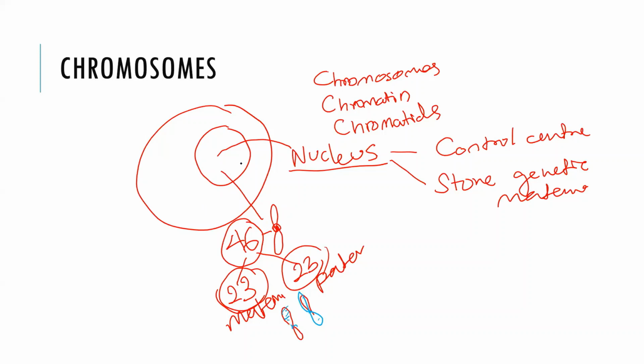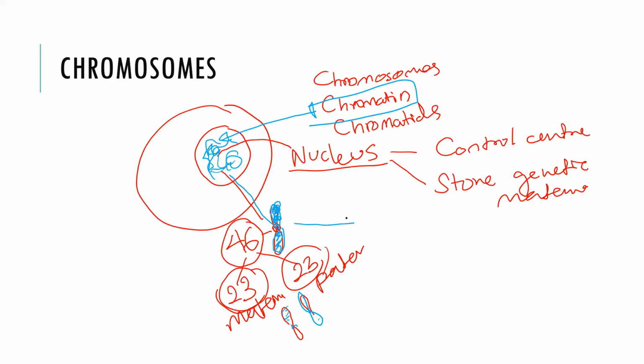So when you take a resting cell, these chromosomes are uncoiled. The DNA strands are uncoiled, so you can't see the proper chromosome like this. This uncoiled genetic material is called chromatin. Chromosomes are DNA strands which are coiled and arranged like this.